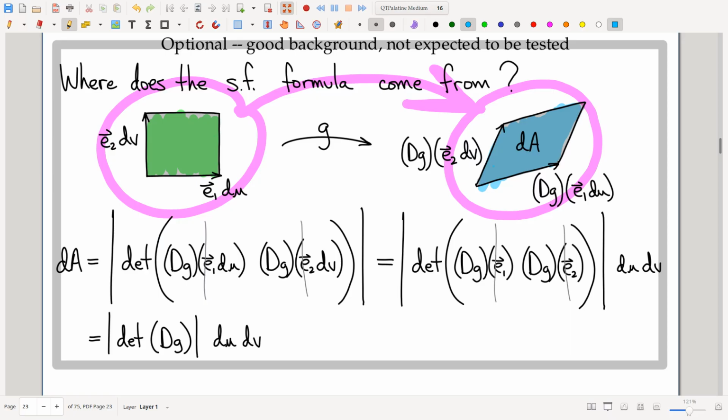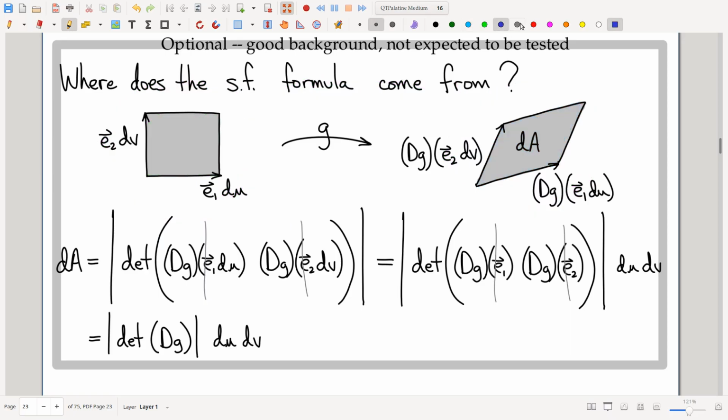Furthermore, if I look at this vector, that edge, there's an easy formula to write down, by the way. I know it's horizontal because this is a nice little pretty rectangle. I know the width is du, so I know the magnitude is du, right? And I know that this represents a displacement in the domain. If I want to know the corresponding displacement in the target, that's what derivative matrices do, right?